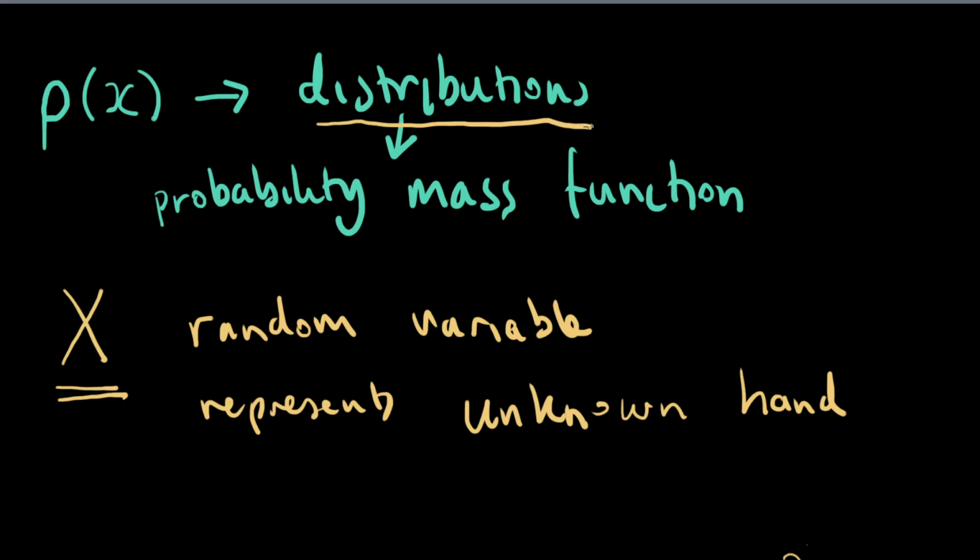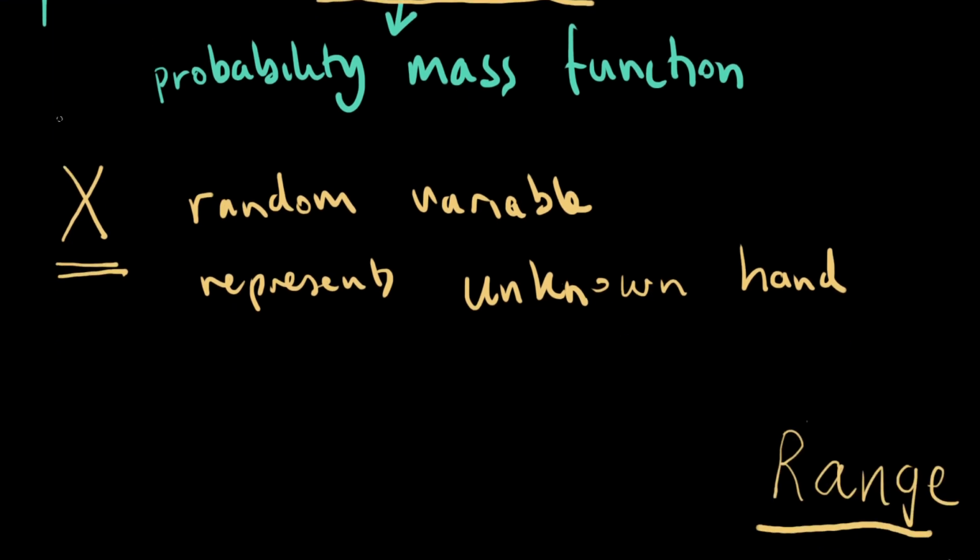With this random variable, we can say there is a particular distribution that is the probability mass function for that particular hand. So P of x, that's the probability that X equals x. We have a probability mass function for this particular distribution.